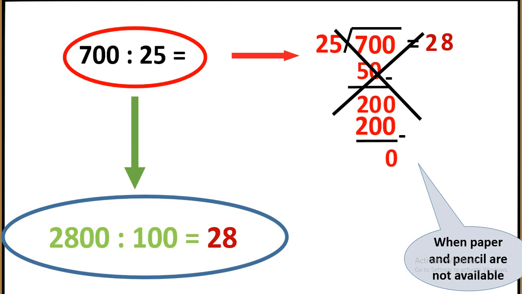It's so easy. We have the same result, or in this case quotient, that is 28. But how and why does this expression work and the result is the same as the original expression?